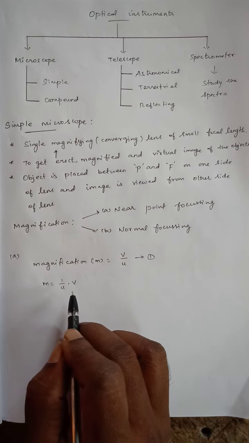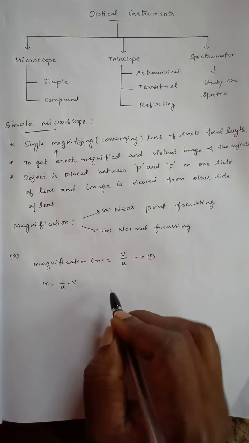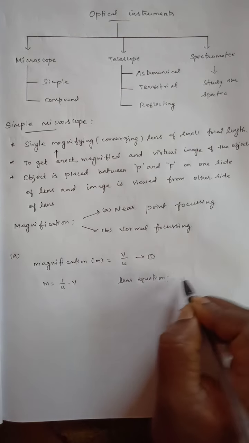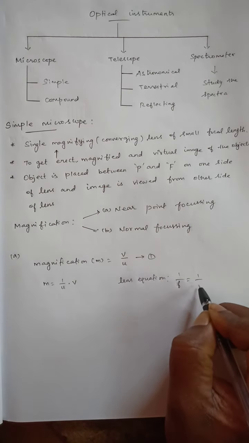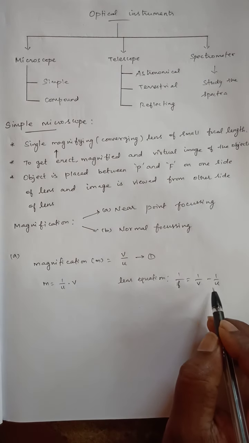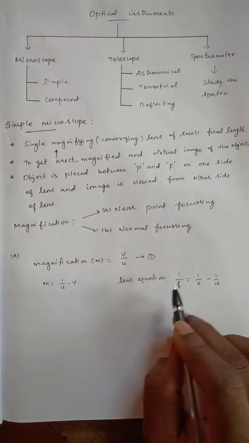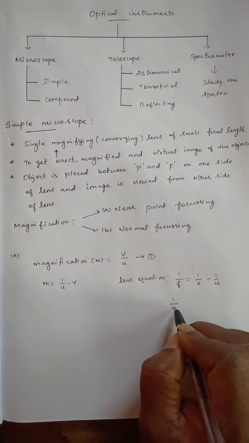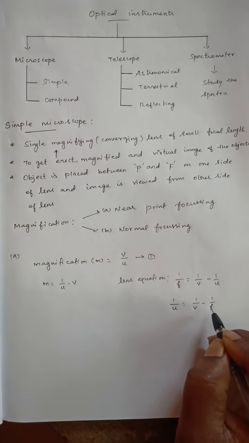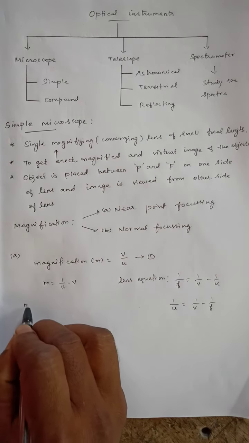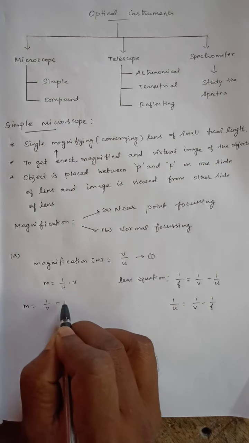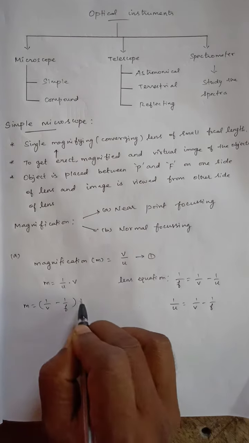According to the lens equation, 1 by f is equal to 1 by v minus 1 by u. In this equation, to get 1 by u, just interchange f and u, so 1 by u is equal to 1 by v minus 1 by f. Applying here, the magnification M is equal to (1 by v minus 1 by f) into v.